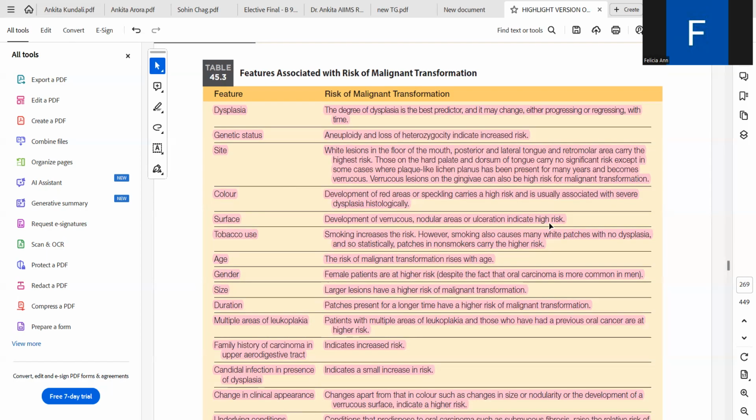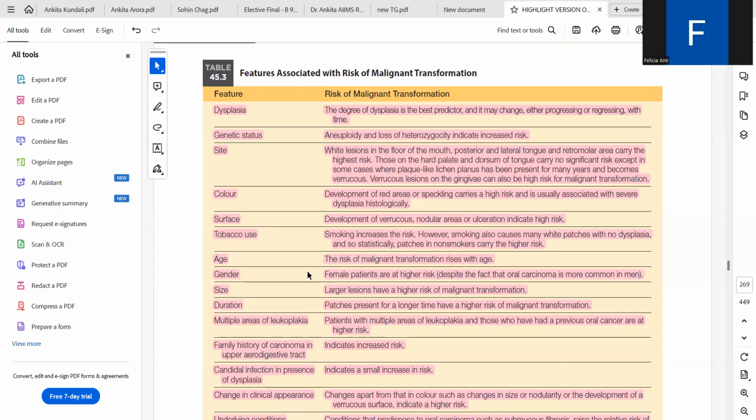So whenever a smooth surface changes to any nodulation, ulceration, or varicosity, it is heading toward carcinoma. Tobacco use: smoking increases the risk. However, smoking also causes many white patches with no dysplasia, and so statistically patches in non-smokers carry the higher risk.